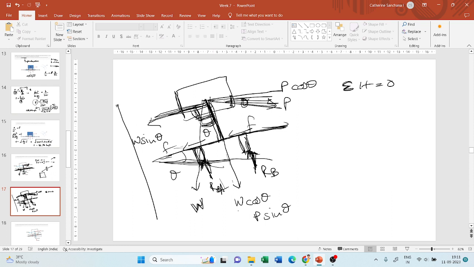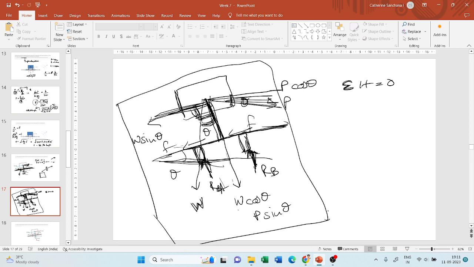Your page itself has tilted, so this is how you have to see the problem. For this page, these are the horizontal forces. I'm trying to say it in a simple way.